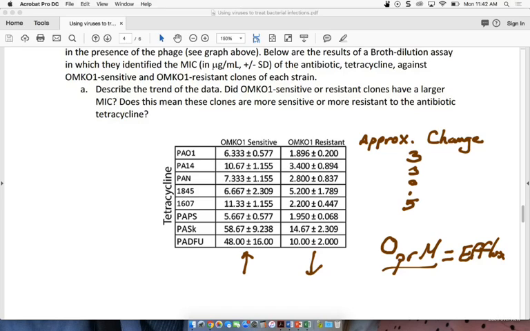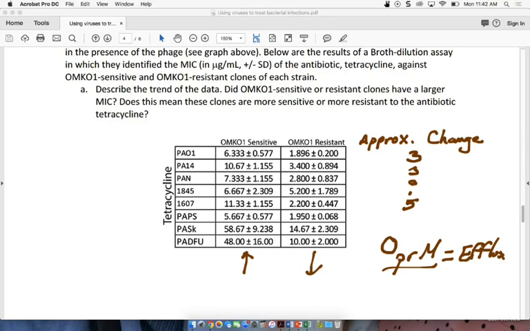In other words, one way we could say this is that the efflux pump has lost function. This is a scenario in which a change in the amino acid sequence of that efflux pump leads to a change in its function. Makes it work less well. It still probably works, but not as well.